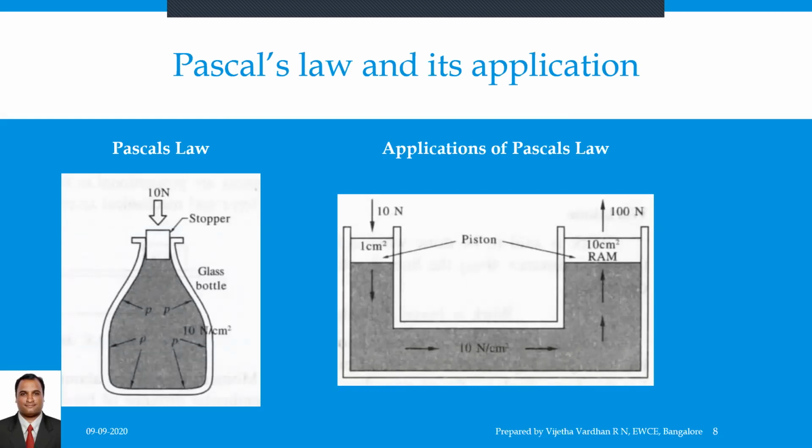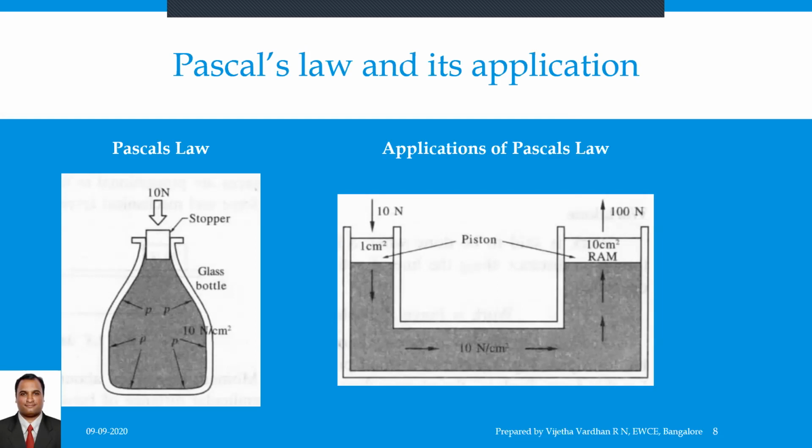In this, a force of 10 Newton is applied on 1 square centimeter, which develops a pressure of 10 Newton per square centimeter. This pressure remains the same throughout the continuous fluid and also acts on the piston of a larger area of 10 square centimeters. Since the force developed is the product of intensity of pressure and the effective area on which it is acting, the force developed on the larger piston will be proportional to the areas of the pistons.